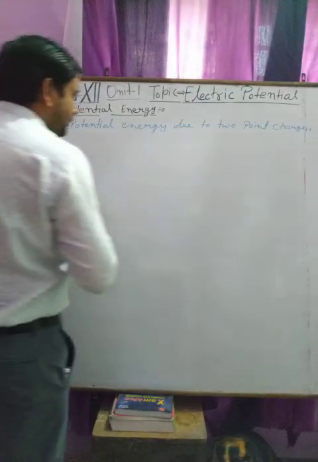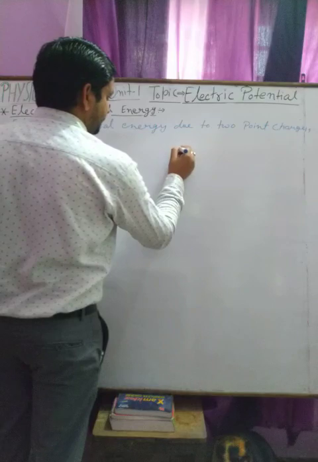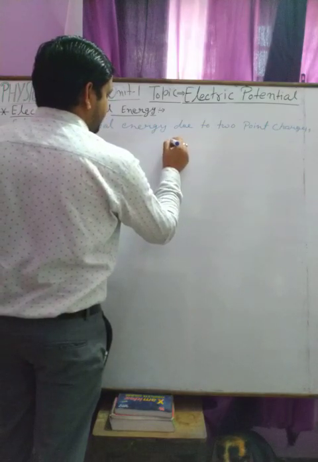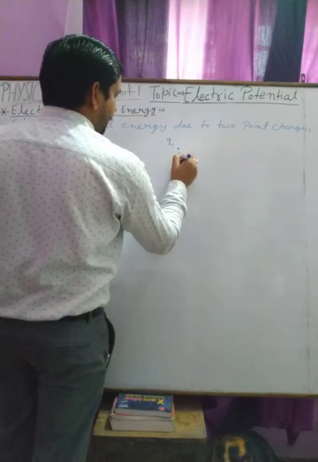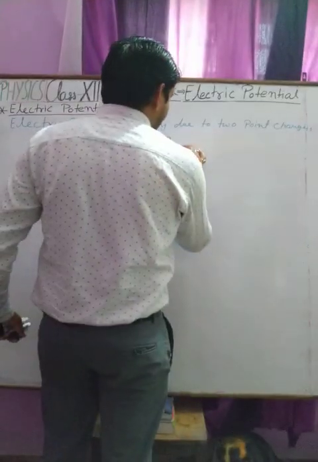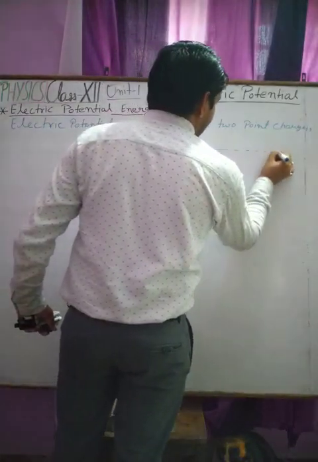Okay, suppose we have two charges. One is q1 at point A and another, q2, at infinite distance.